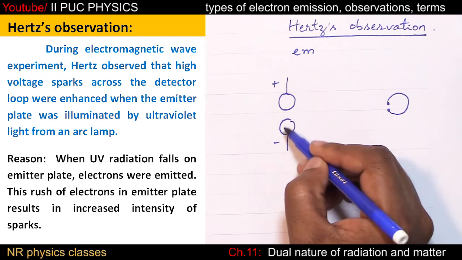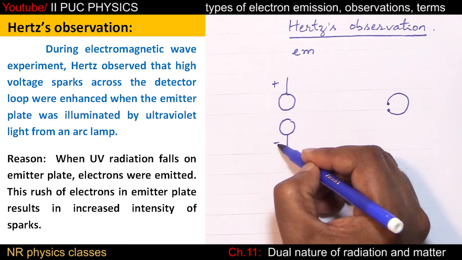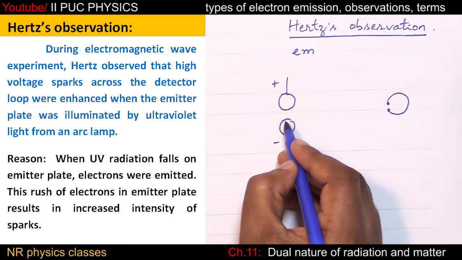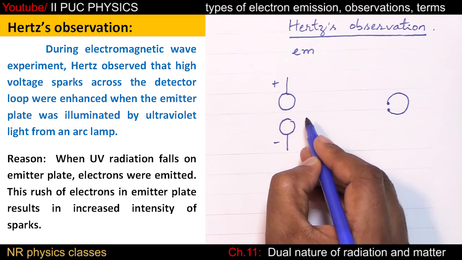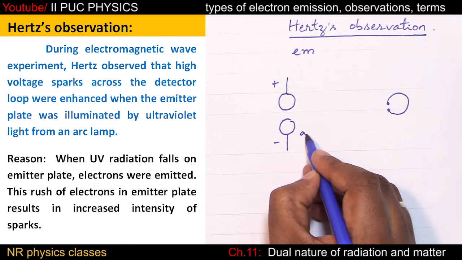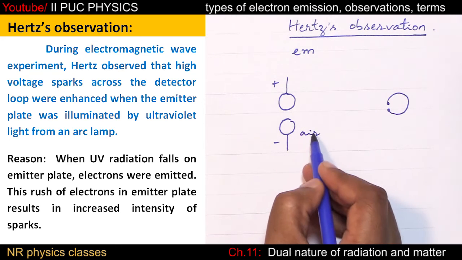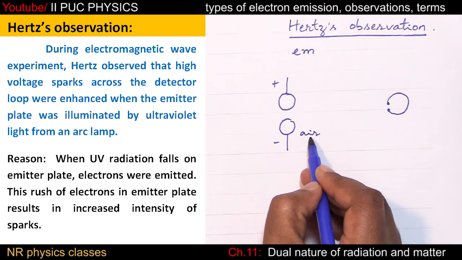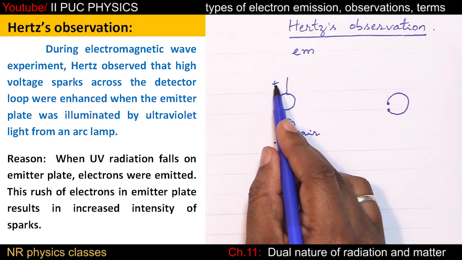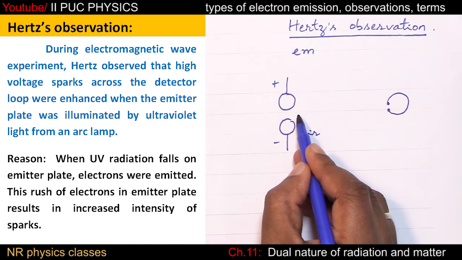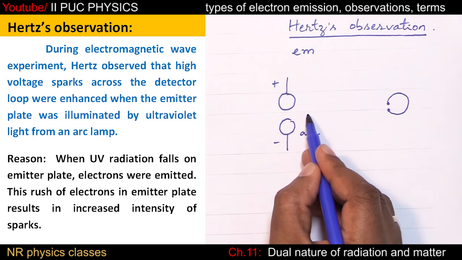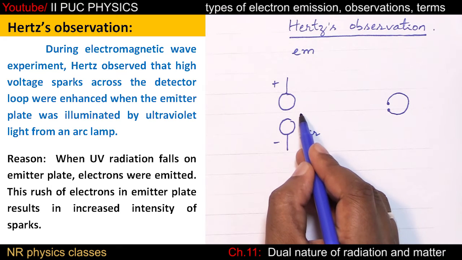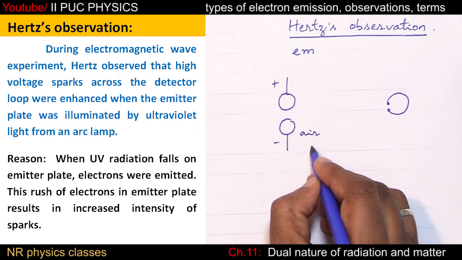If a very high potential difference is maintained, then the electric field between these two spheres could break the insulating property of air. Air is a bad conductor, an insulator. But this high potential difference could break the insulating property of air, meaning it becomes plasma.